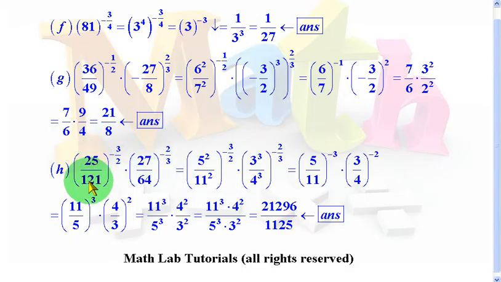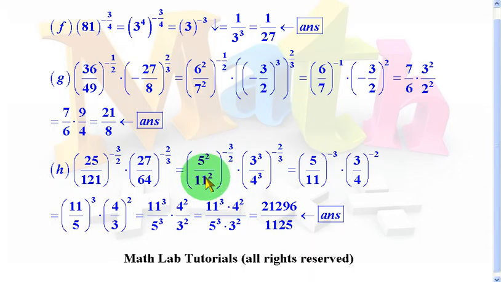Let's look at this term first over here. The master says 2. 25 can be rewritten as 5 to the power 2, and 121 can be rewritten as 11 to the power 2. Let's go on to the next one over here. The master is 3. 27 can be rewritten as 3 to the power 3. 64 can be rewritten as 4 to the power 3.